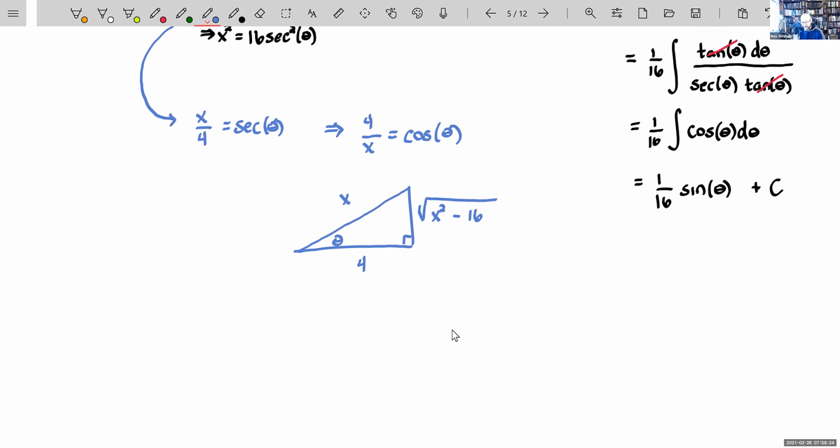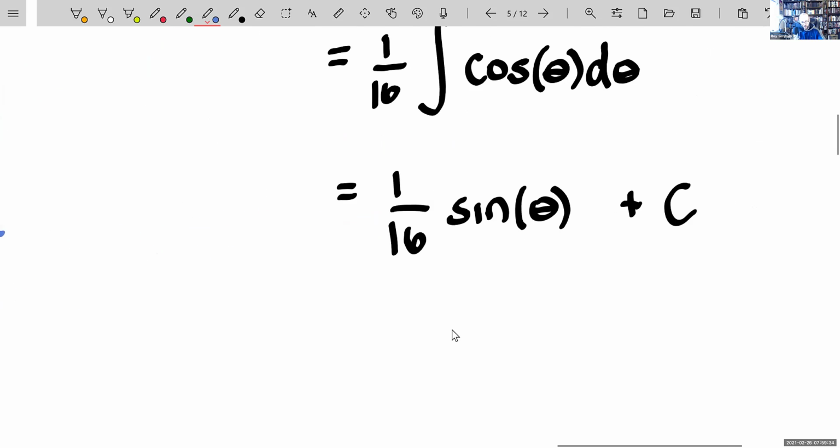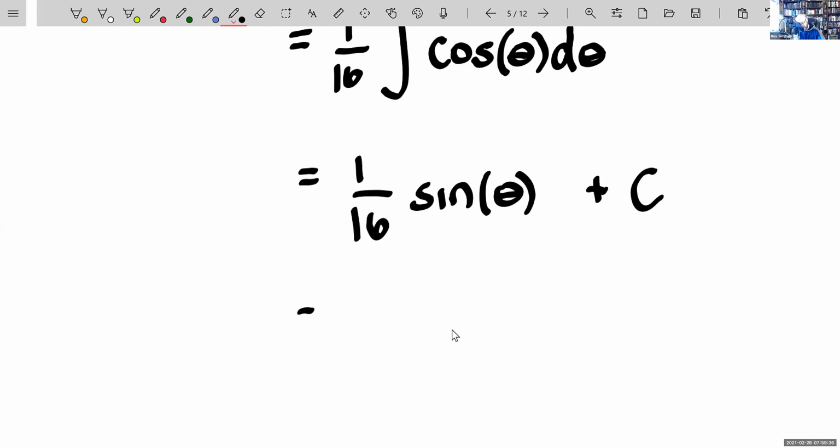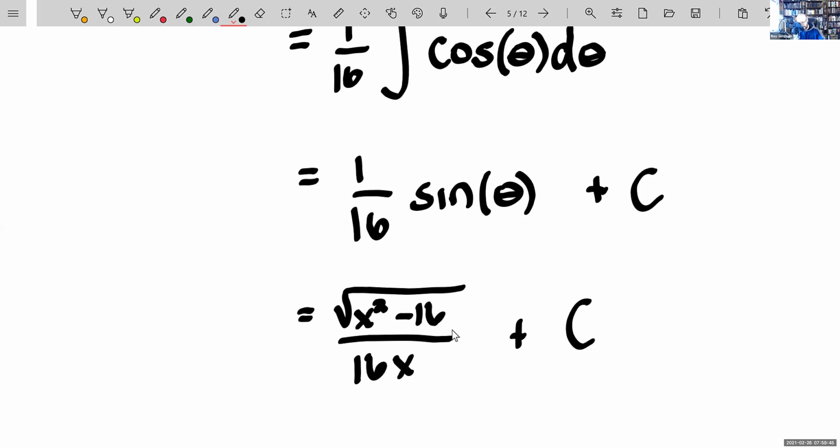And just looking at that triangle, I could tell you what the sine of theta is. It's opposite over hypotenuse, square root of x squared minus 16 over x. And that's what I will write in here. Equals square root of x squared minus 16 over 16x plus c.